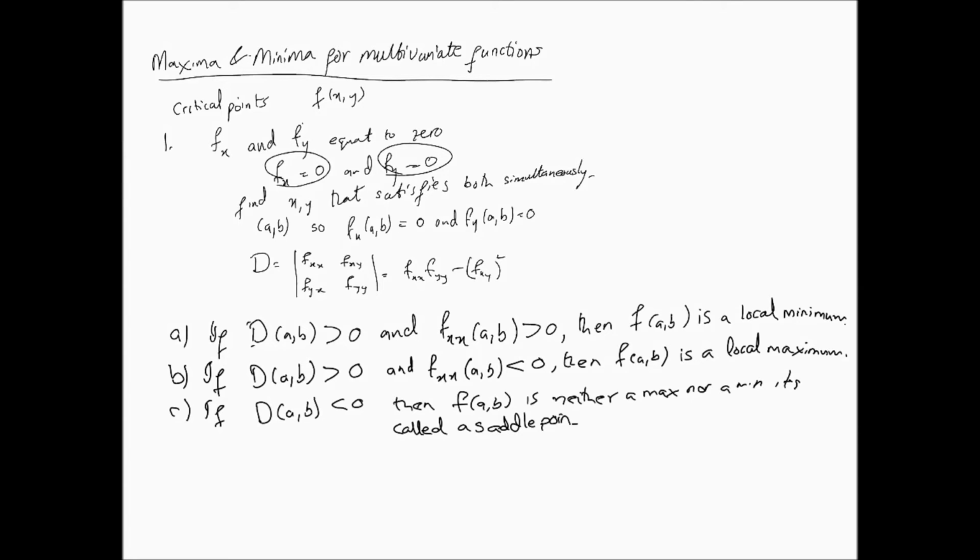Similarly, next condition is, again, if D(a, b) is greater than 0 and fxx at (a, b) is less than 0, then f(a, b) is a local maximum.